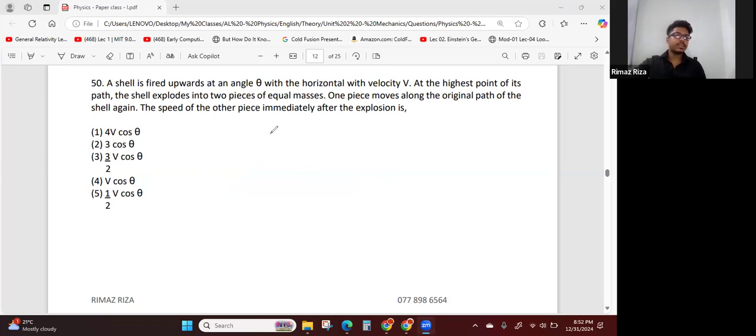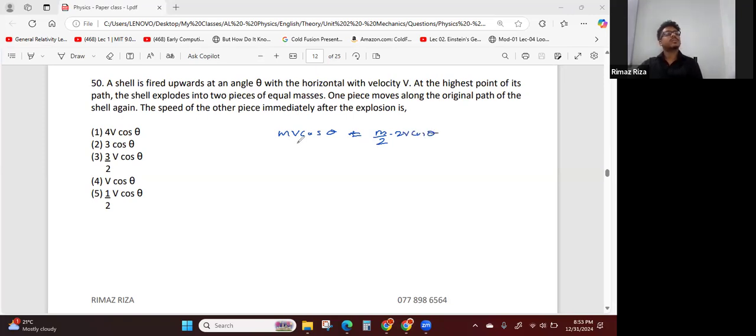If you consider initially the mass is m, so momentum is m v cos theta. After that, the mass divides as m over 2, and then the velocity, you can see, it will be 2v cos theta.